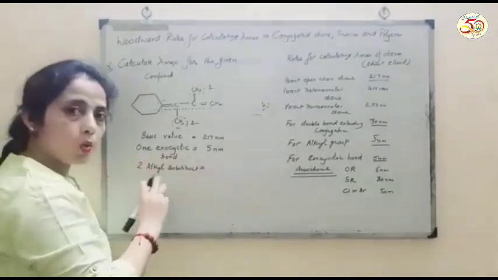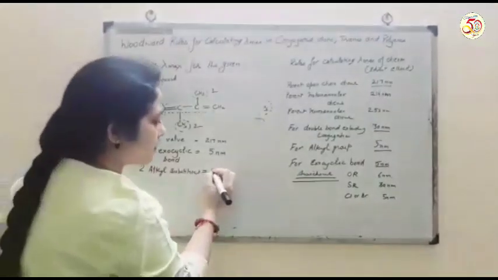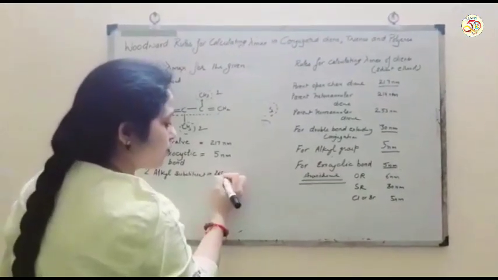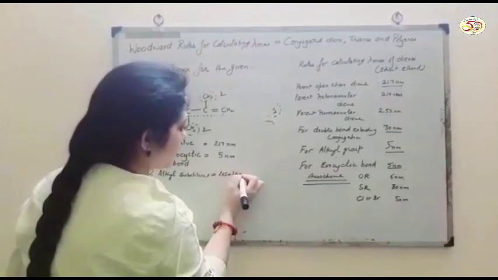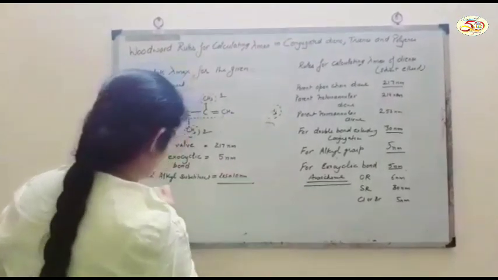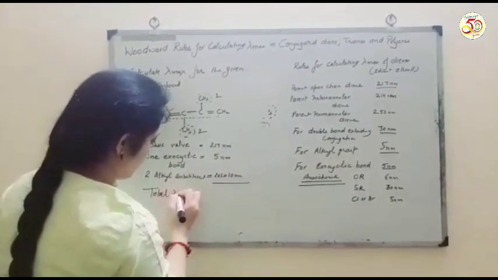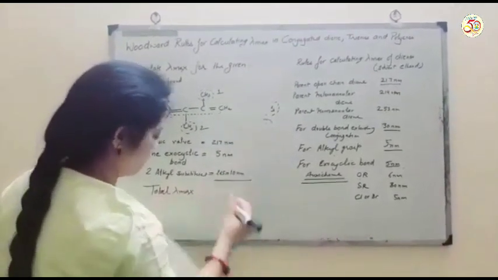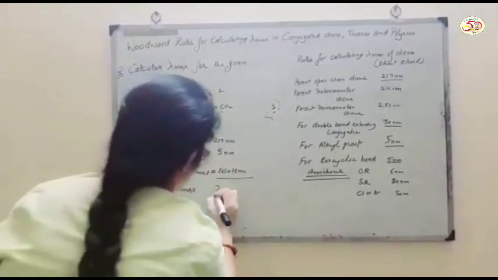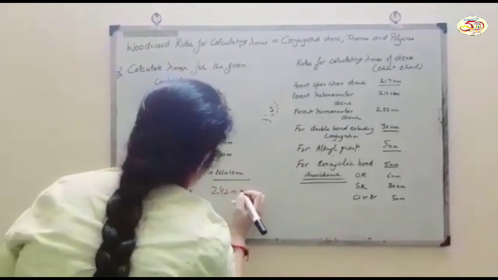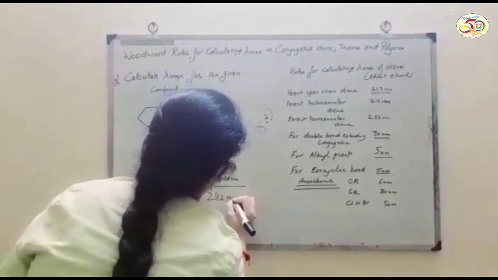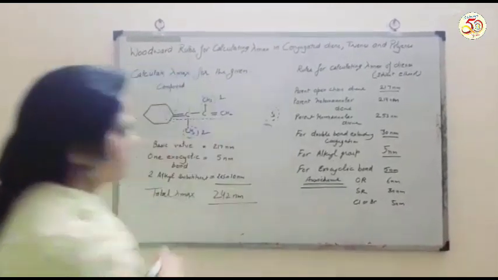So corresponding to two alkyl groups, we will add 2 into 5, meaning 10 nanometer, to the basic lambda value. So the total lambda max of this molecule will be 242 nanometer. That is the answer.